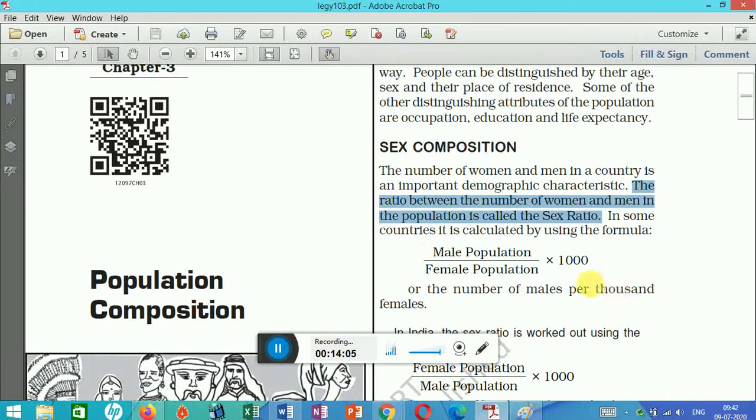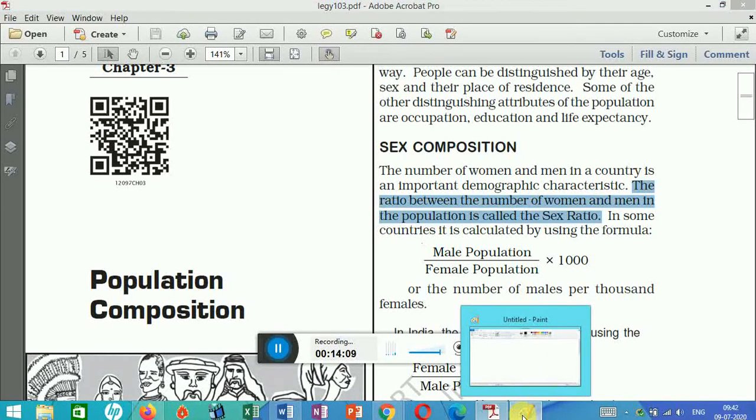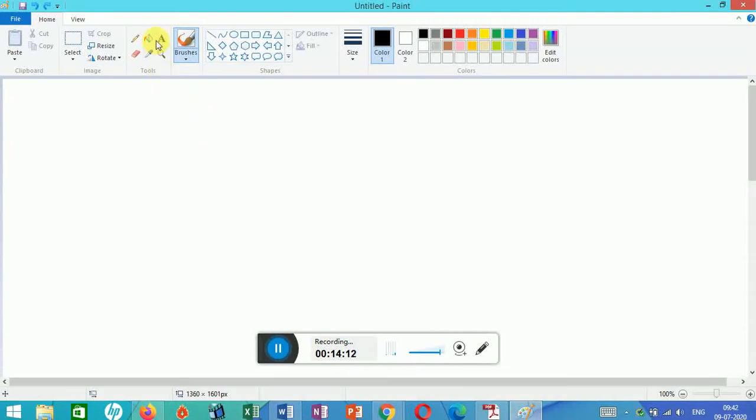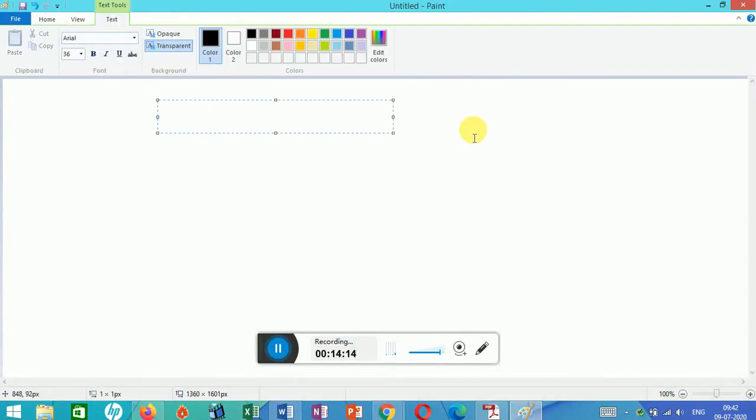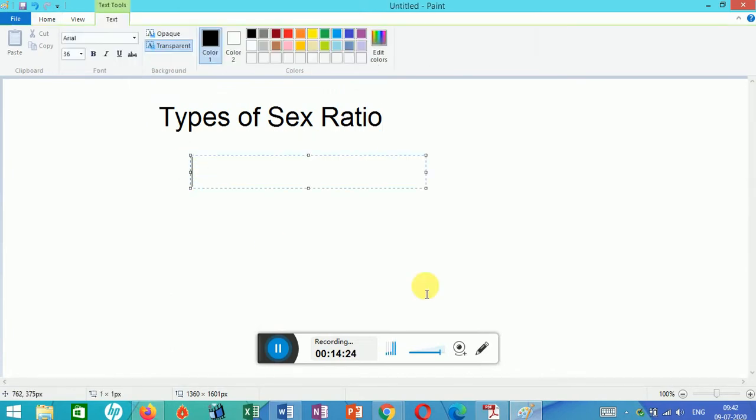Generally, we have two types of sex ratio. Two types. So here we have this favorable sex ratio.